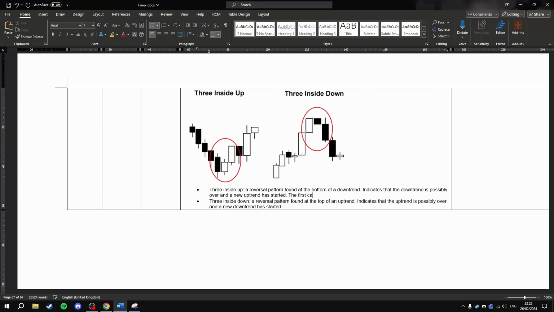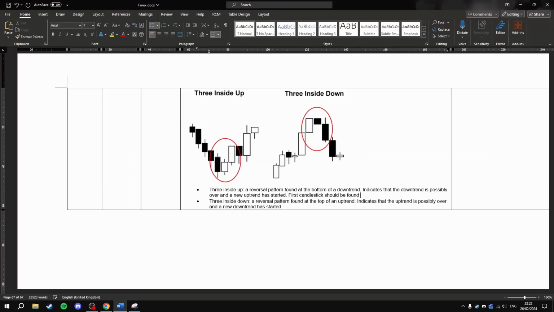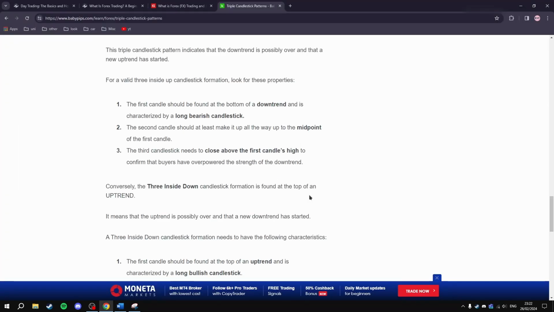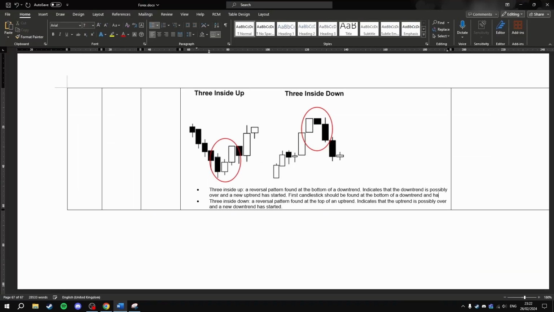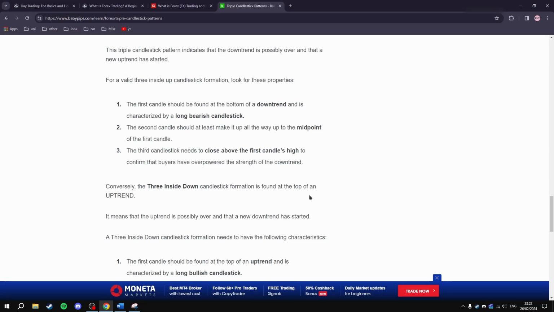The first candlestick should be found at the bottom of a downtrend and is a long bearish candlestick.